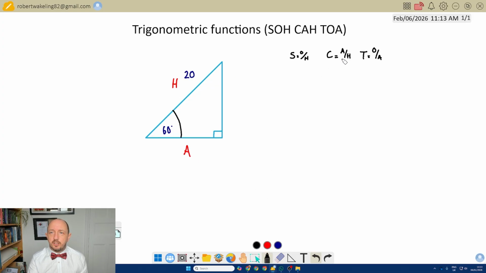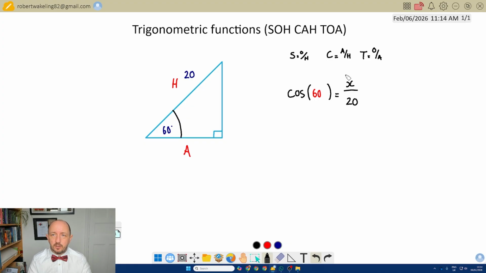A and H is cosine. So we do cos off our calculator, brackets. The angle goes in here, 60, then equals A, that's the thing I'm trying to find, so I'm going to call that x, divided by the hypotenuse, which is 20.